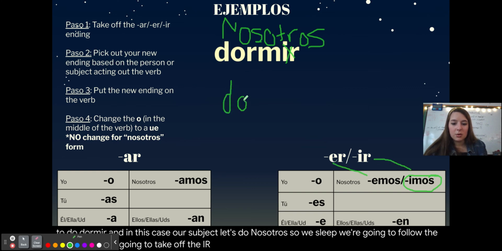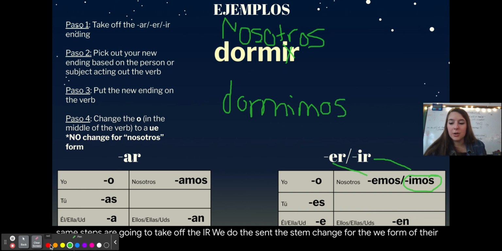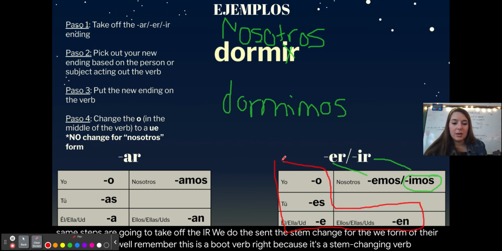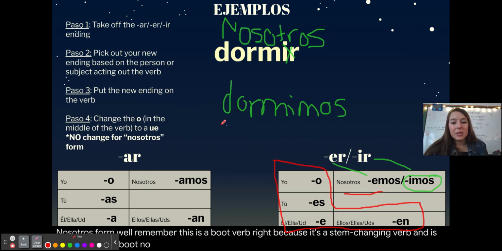So I get dormimos. And do we do the stem change for the we form or the nosotros form? Well, remember, this is a boot verb, right? Because it's a stem changing verb. And is nosotros in my boot? No. So we leave it as is. Dormimos.